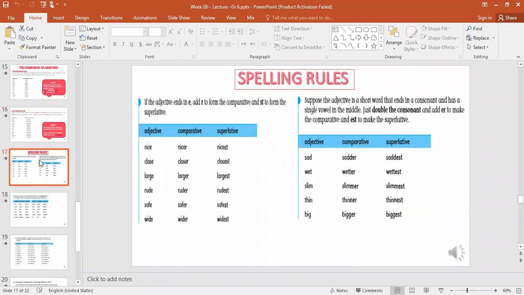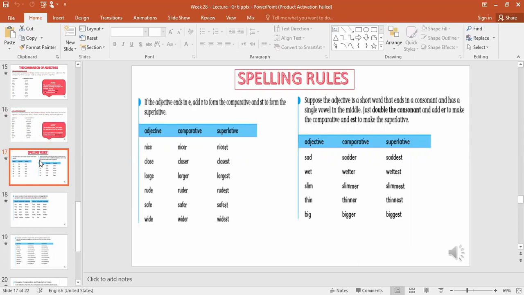Okay, let's continue now with the spelling rules. There are some spelling rules used in order to form adjectives. First of all, the first spelling rule is about the adjectives that end in E, like nice, close, large, rude, safe, wide.